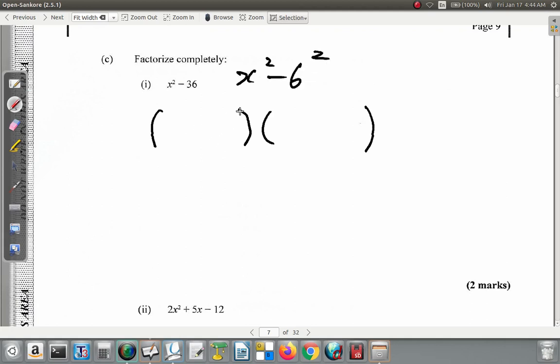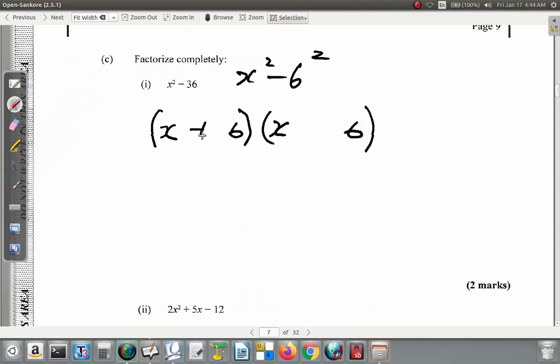Alright? So in the left side of each bracket, you have what you square to get x squared. It is x. In the right hand corner of each bracket, whatever it is that you square to get 6 squared, you write it down, because 6 is on the right.